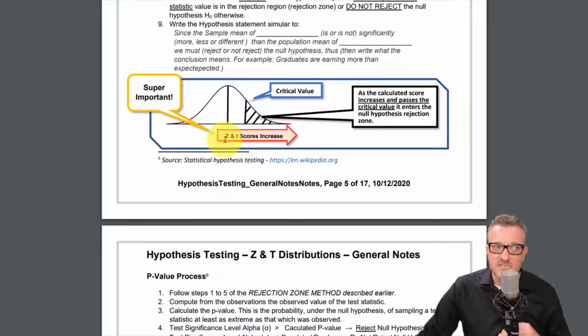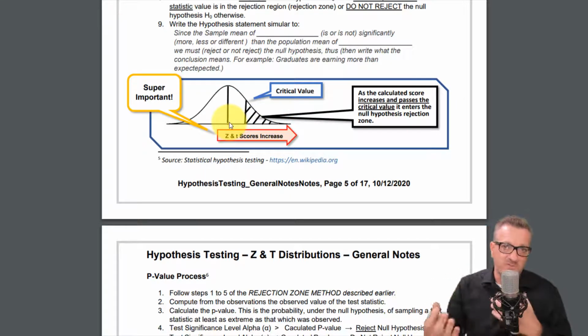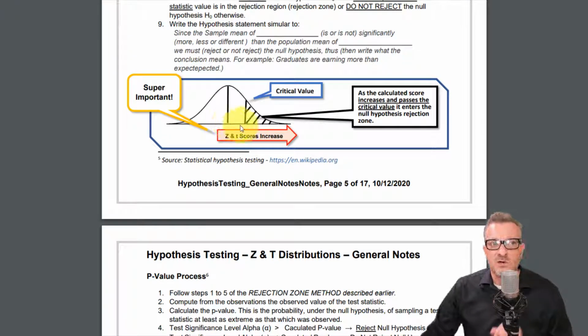So in this case, z-scores and t-scores will decrease as we move further away from the mean of a sample, of a population. And because we take samples from the populations, then we draw the conclusions. So it's all based on the idea that as we move further away, the probability decreases.